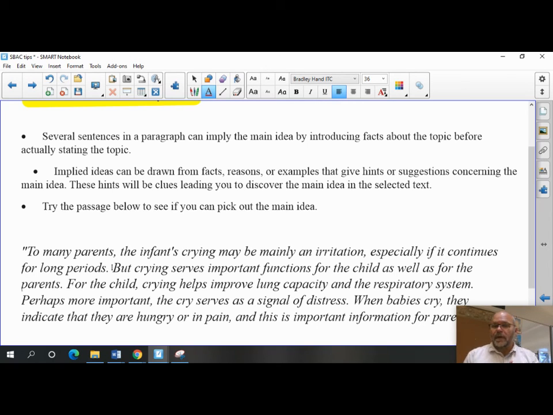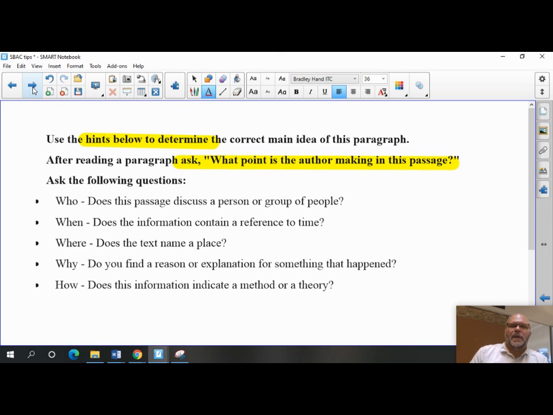But means we're shifting directions. We had this, so it's mainly an irritant, but crying serves important functions for the child as well as for the parents. Then evidence about the child, evidence about the parents. That serves as the main point sentence. It's an argument, it's a claim, it's an observation that needs more support, more explanation, and we get it below. So that is your main idea statement.